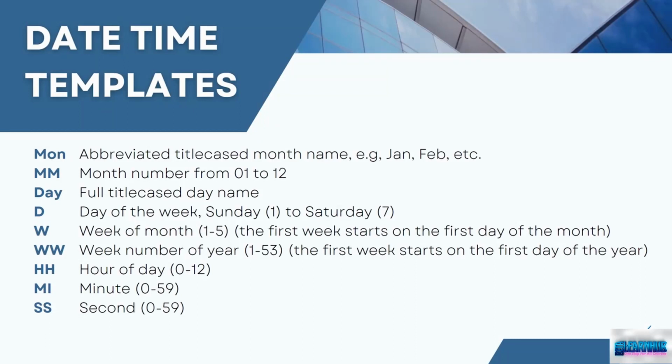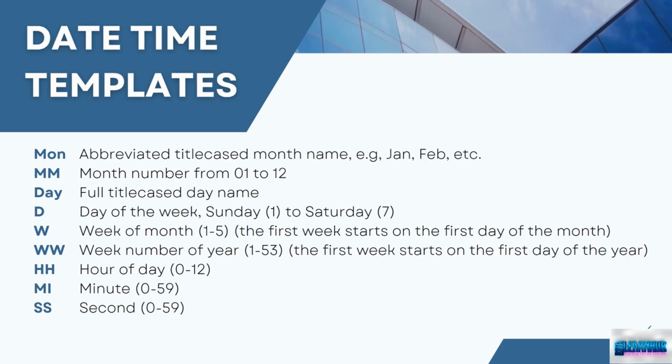Here are other common patterns you can use for the date or time template. MON, abbreviated title case month name, e.g. January, February, etc. MM, month number from 01 to 12. Day, fully title case day name.